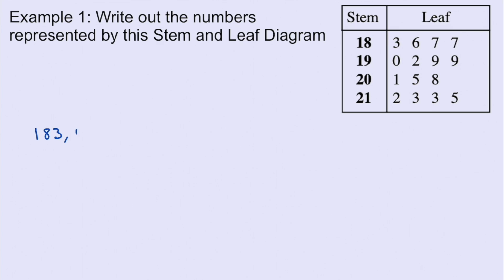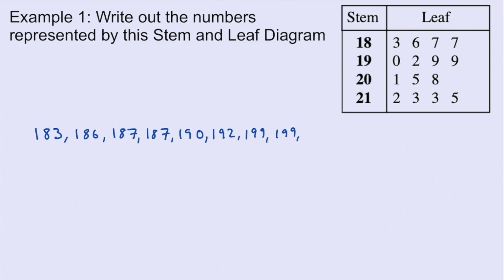Then we're going to continue: 186, 187, 187. Then when we're going to do the second row, we're going to write 190, 192, 199, 199.